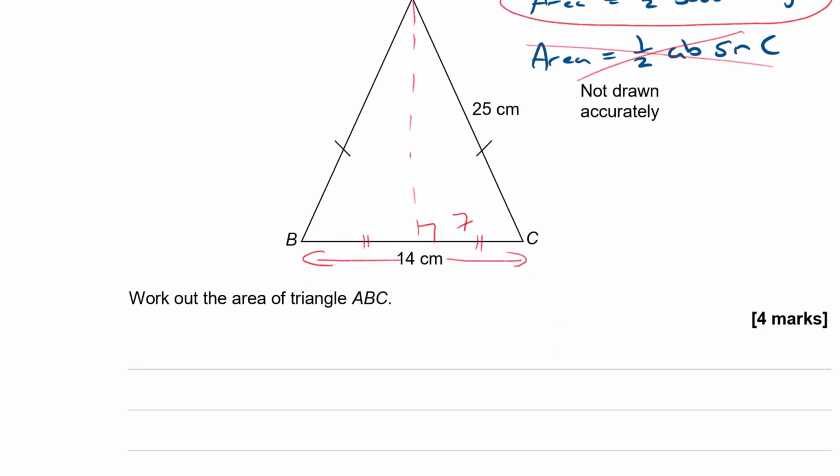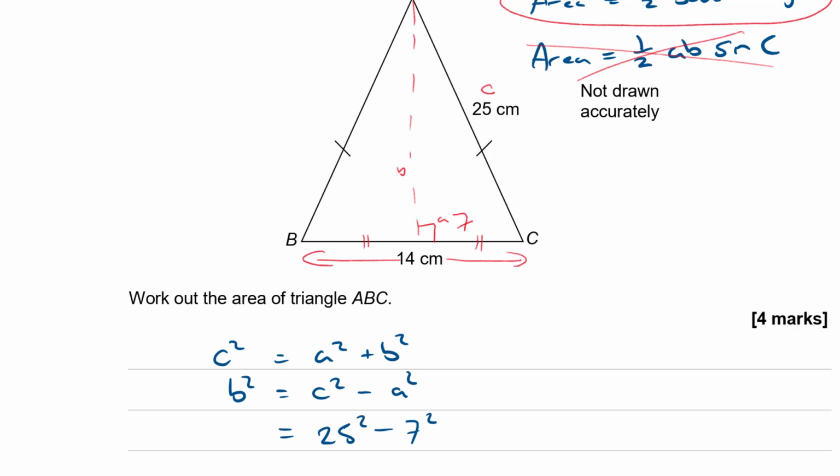Okay, so using Pythagoras' theorem, my longest side is C and the other ones are A and B. It doesn't really matter which way around they go. If C squared equals A squared plus B squared, then B squared is going to be my longest side, C squared, subtract A squared, which is 25 squared subtract 7 squared.